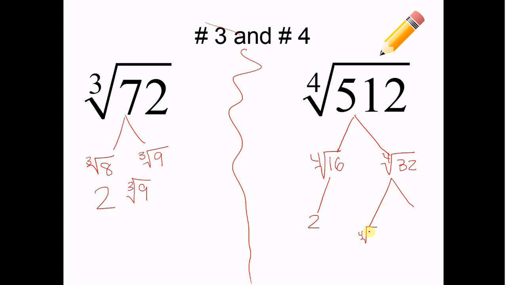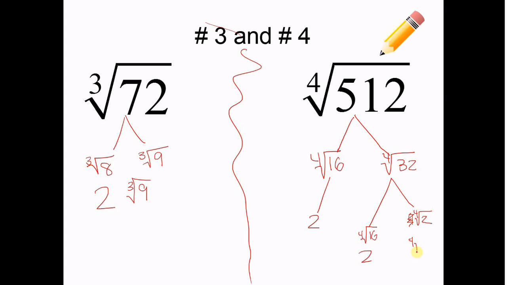So let's simplify one more time, because 16 times 2 does give you 32, right? The fourth root of 16, I know that's 2, with a little 4.